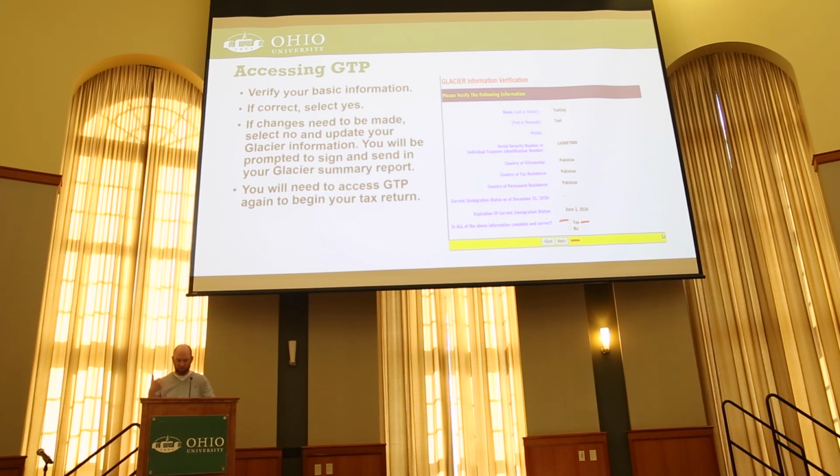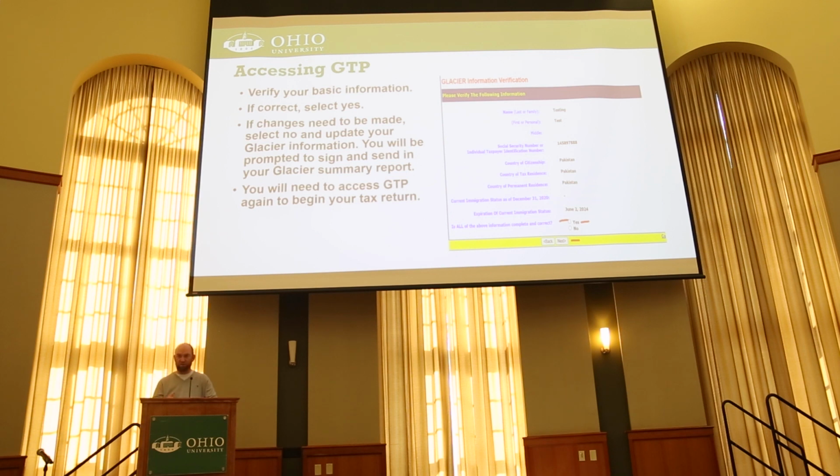It'll ask you if your country of citizenship, your tax residency, country of permanent residence, your expiration date on your immigration status, all that stuff is the same. If it's not, you'll need to make an update before you move on to the Glacier tax software, because it needs that information to determine the substantial presence test to figure out if you should be filing as a non-resident alien or as a resident.